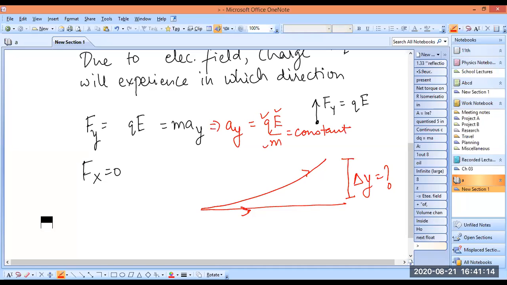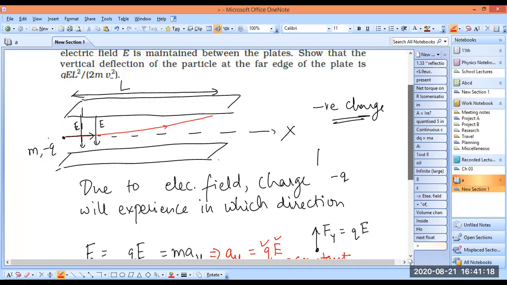But there's only one problem: we don't know the time it takes to go from point A to the end of the plate, B. For that, we will take the x-axis. On the x-axis, the particle moves from this point to this point, so delta x is equal to L.